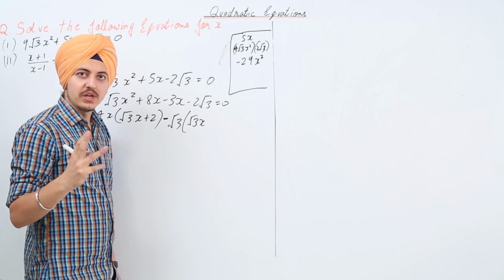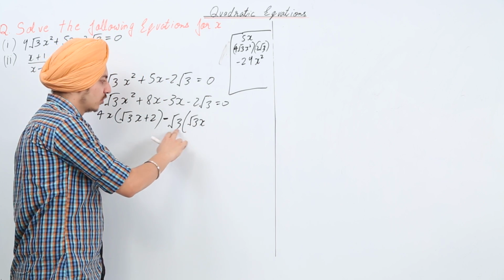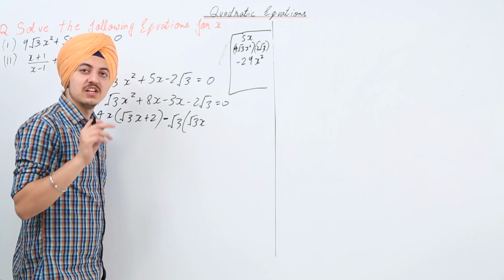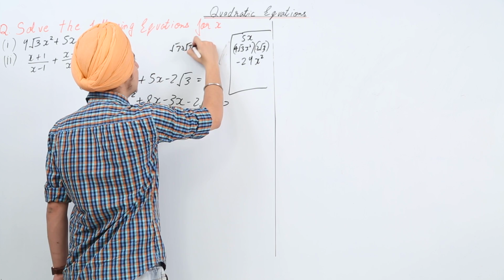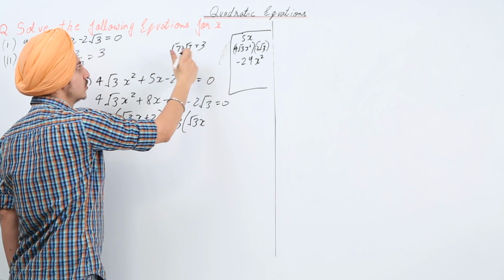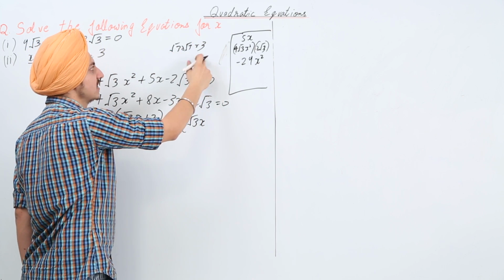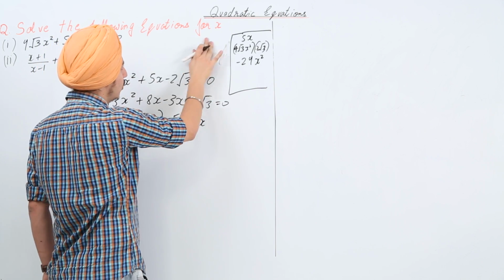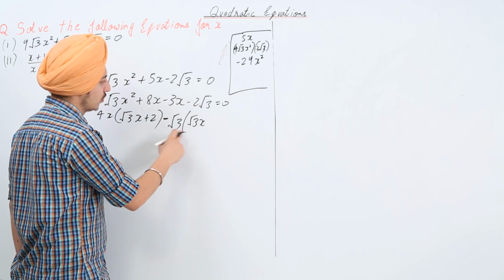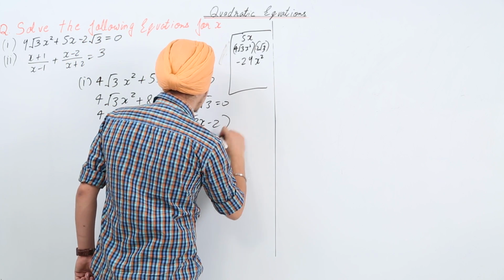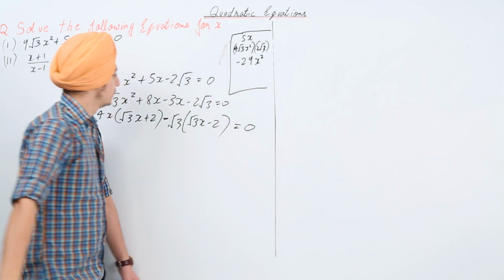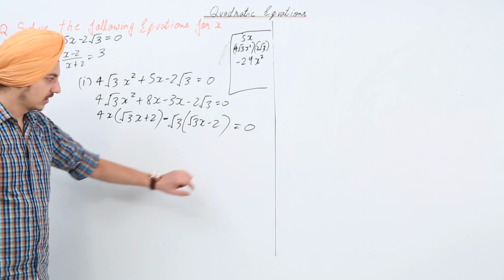If we take root 3 common from these two terms, we are left with root 3x, because root 3 into root 3 is 3. So root 3 into root 3x is equal to 3x. So we have root 3 into root 3x plus 2 equal to 0. Did you understand this? It's very easy.